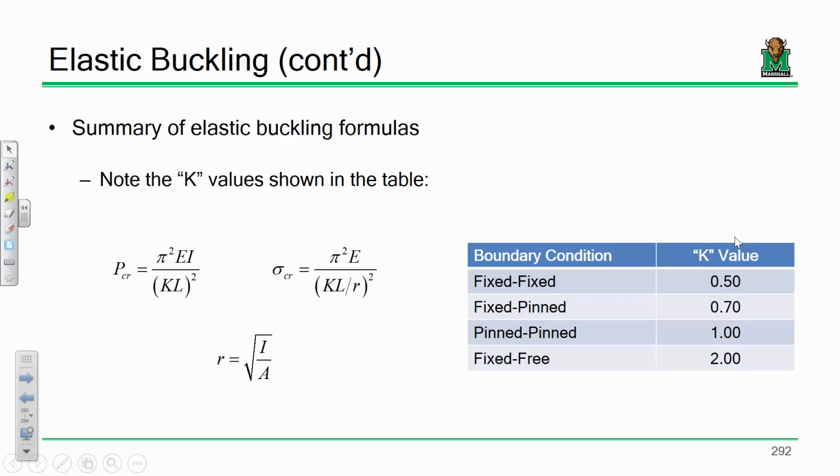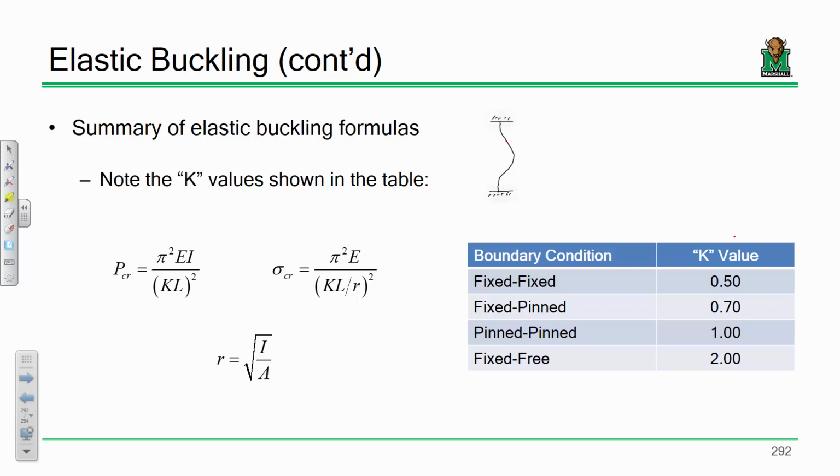So for instance, the fixed. Okay? Sorry, I did that backwards. If you look at a fixed column that's buckled, it looks something like that. That's a horrible artistic rendering by me.